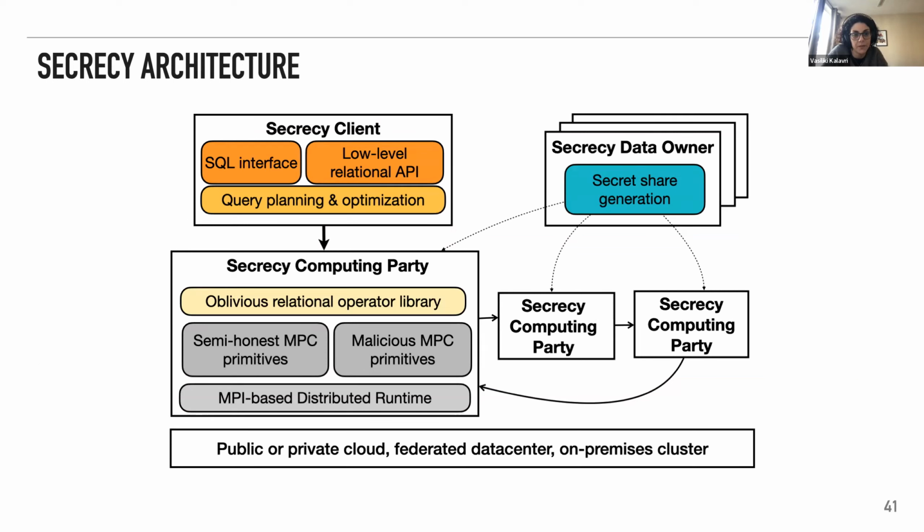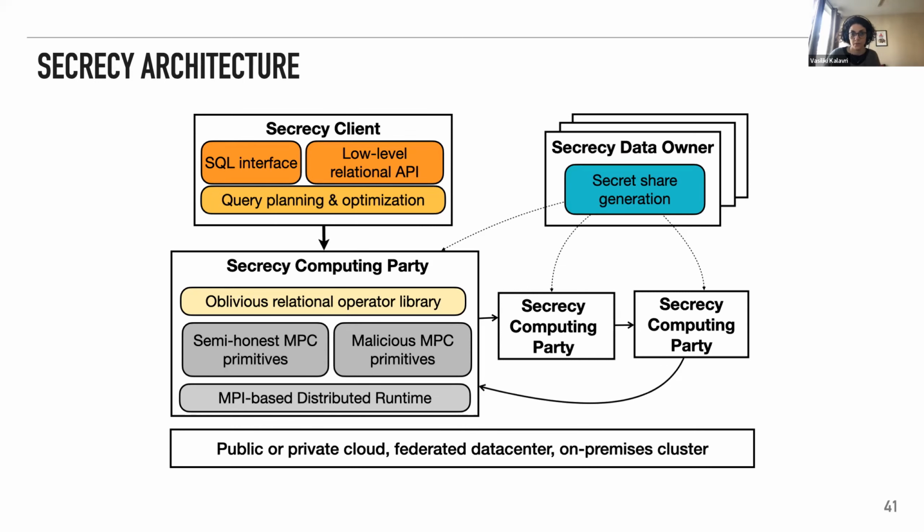And then on the computing party side, it has the oblivious relational operator library. We have implemented the semi-honest MPC protocol that I talked about, and we are adding support for other, even stronger MPC protocols.